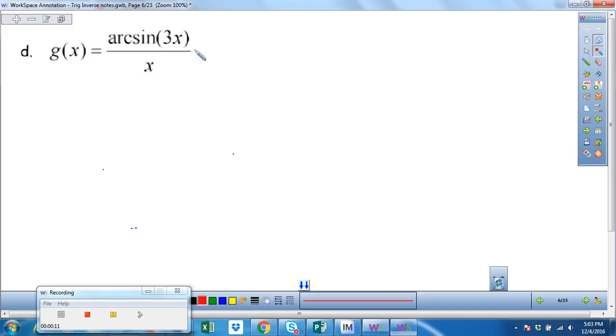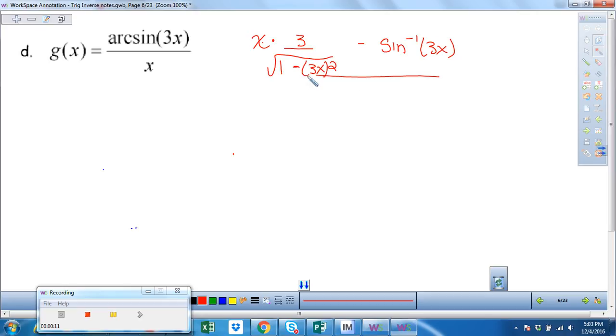So for this one, we have to use quotient rule. That's one of the reasons I love this unit, because we review everything. So quotient rule is low times the derivative of high. So u here is 3x. So the derivative of 3x is 3, over the square root of 1 minus u squared, 3x quantity squared. So low times the derivative of high minus high times the derivative of the low, which is simply 1, all over low squared.